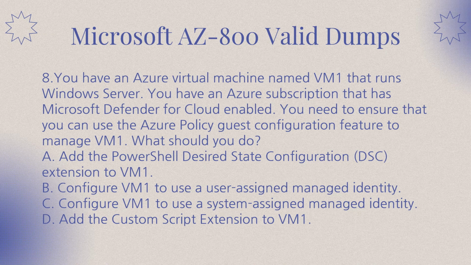A. Add the PowerShell Desired State Configuration (DSC) extension to VM1. B. Configure VM1 to use a user-assigned managed identity. C. Configure VM1 to use a system-assigned managed identity. D. Add the Custom Script Extension to VM1.